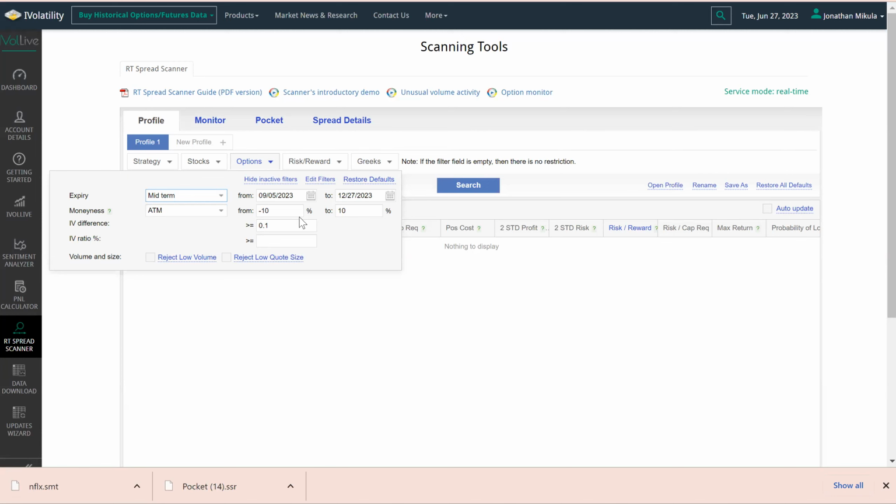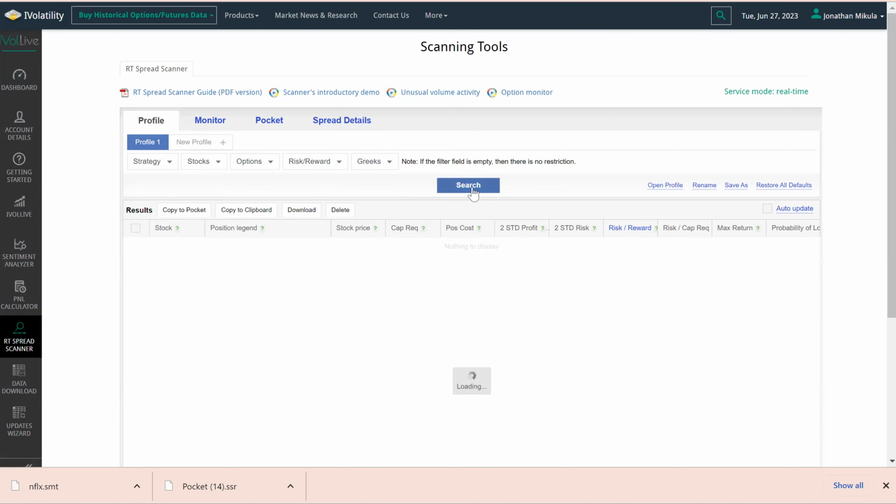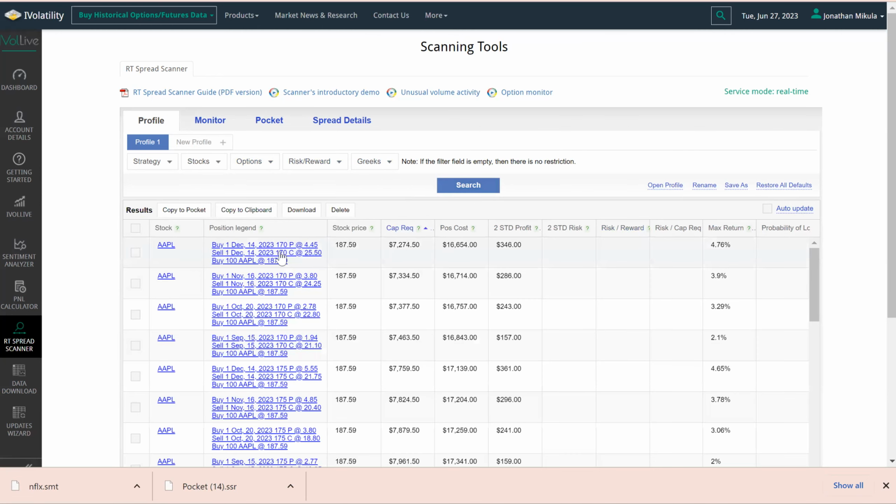The default here was the implied volatility difference greater than or equal to 1.1, right? So for the IVX consideration, when you come here and search, this will populate with your different results.